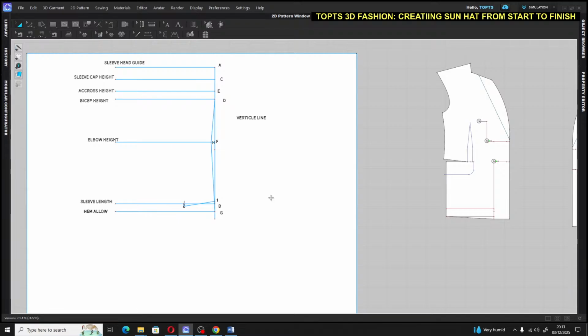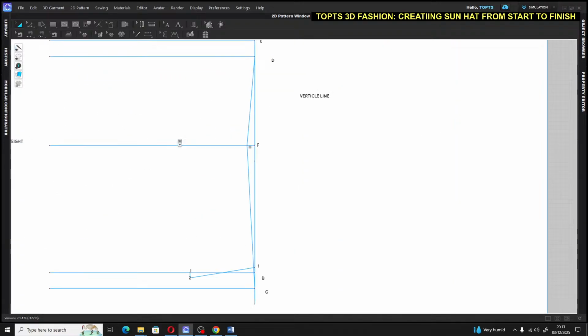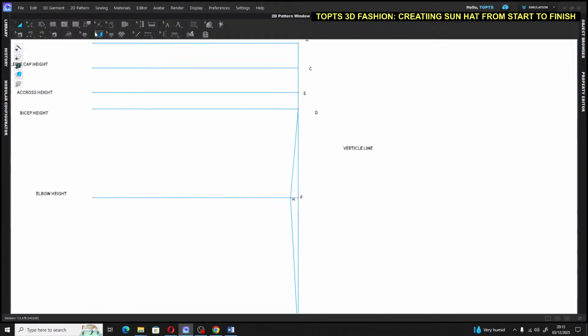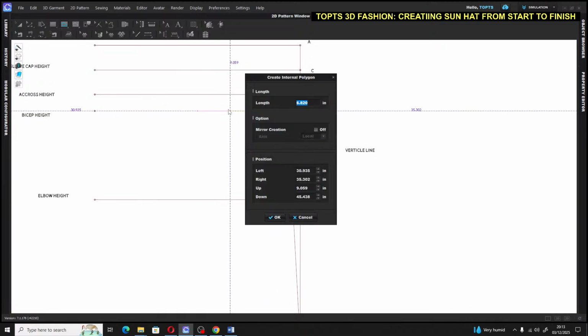Step 3, we are going to get the bicep. So to get the bicep at line D, from line D here, we're going to mark inwards chest measurement divided by 4.